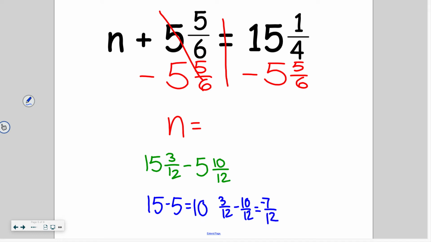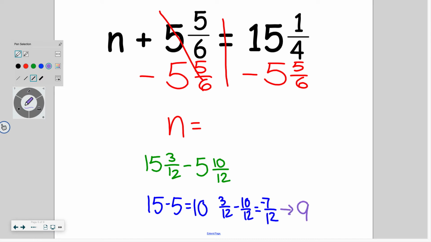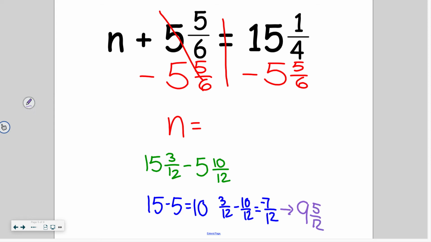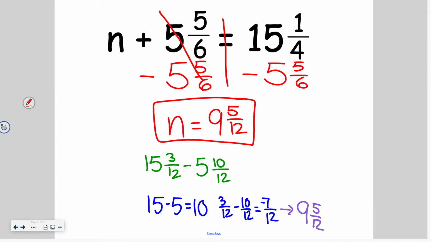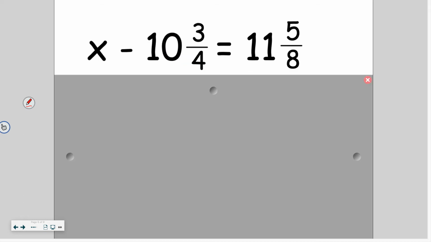So we're at 10, and we need to go down by 7/12. That's going to put me down to 9, and then there's going to be 5/12 left over. So our answer for n is going to be 9 and 5/12. Again, you could plug this back in and check your answer to make sure that it is accurate. Go ahead and try this one on your own.